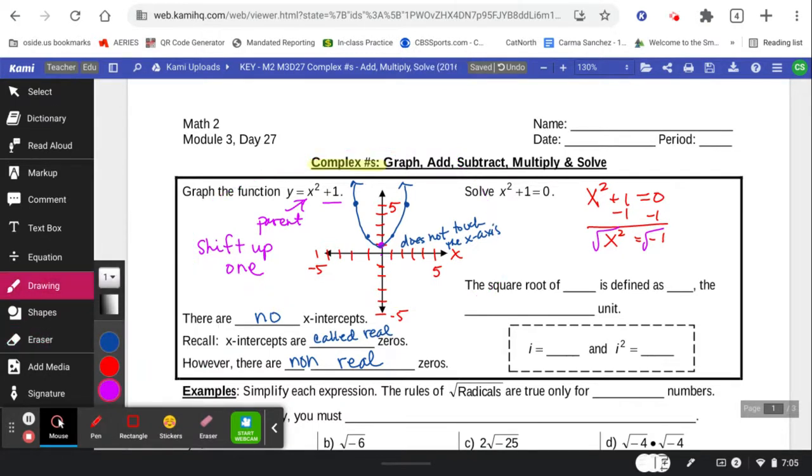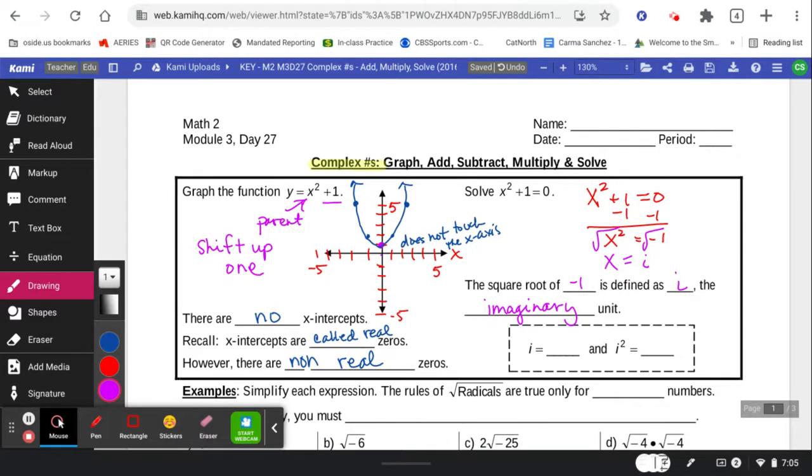So they came up with this idea that by definition, the square root of negative 1 would be represented by this imaginary unit i. So by definition, the square root of negative 1 is defined as i, the imaginary unit.